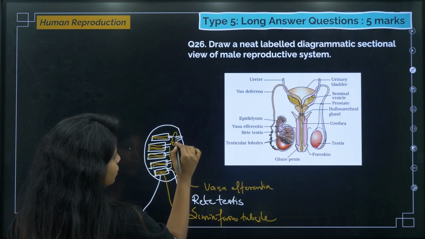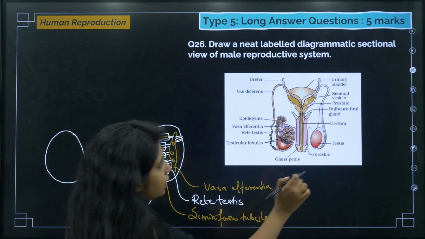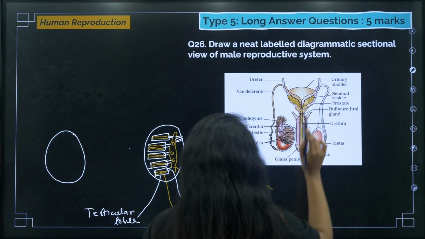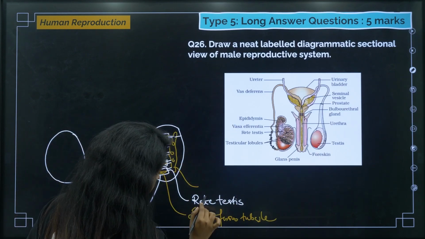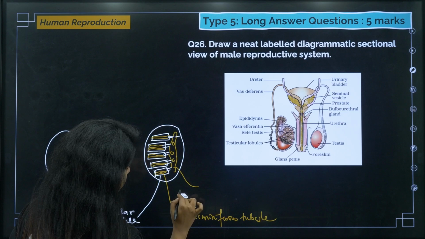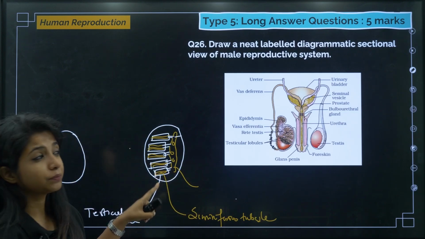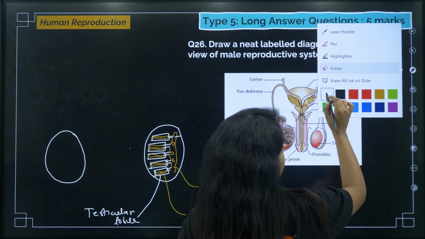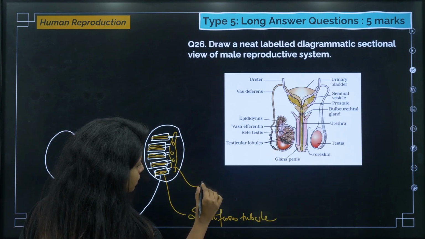Actually speaking, I made a small mistake. Not a small mistake, a very big mistake. Sorry children, in the other one also, please correct it. This is not vasa, this is tubuli recti. That is something else that is not given in your NCERT. I'm so sorry. So this thing that you see over here is the rete testis.